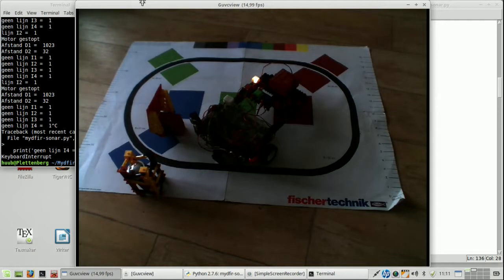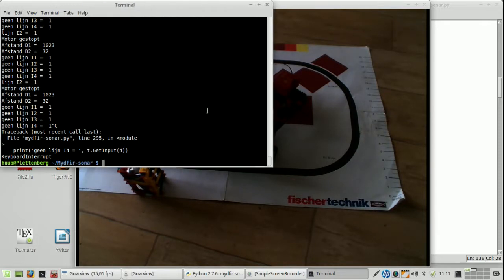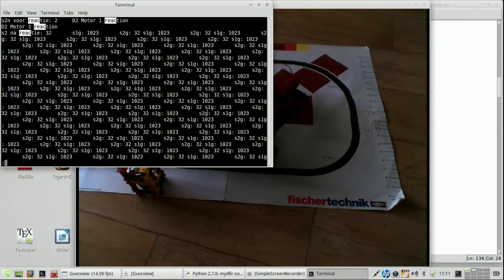Why does it turn? Okay, I have to look for reverse. So, not found. Really? Oh wait, reaction.